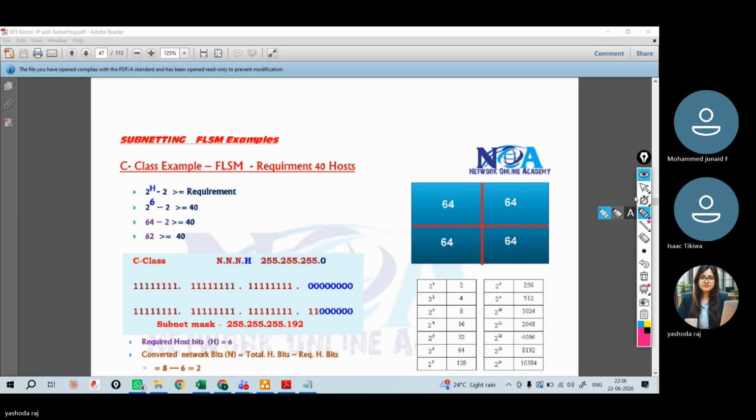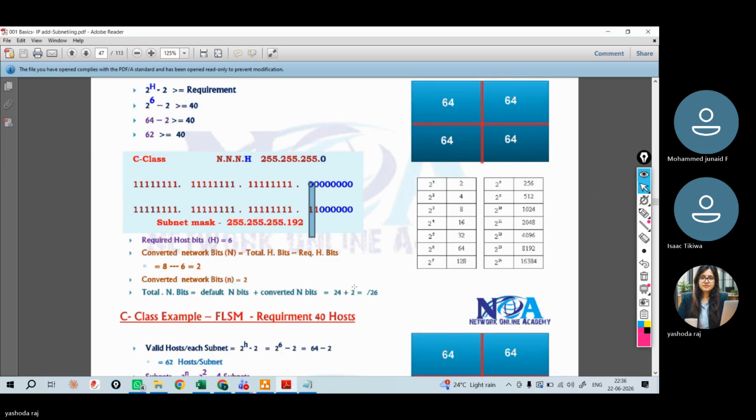And what we did in the next? So required host is 6. Converted network bits: total number of host bits minus required host bits. That means total number of host bits is 8. Required is 6. So available is 2. The 2 is what? Converted network bits. 2 power 2. Total n bits is equal to default n bits plus converted. That means 24 plus 2. That is /26. This is what we did, right?